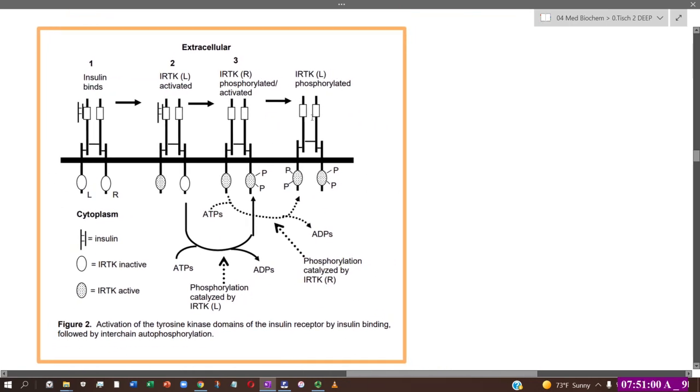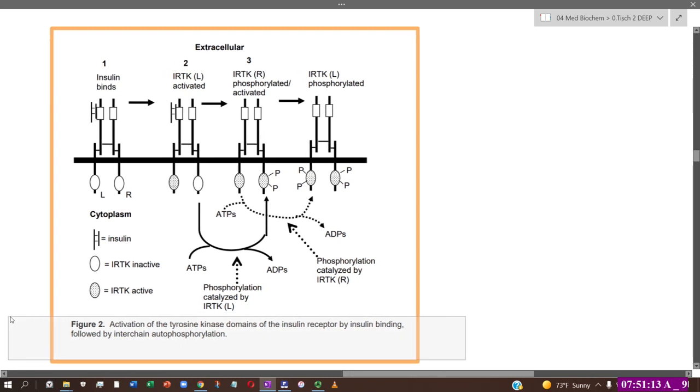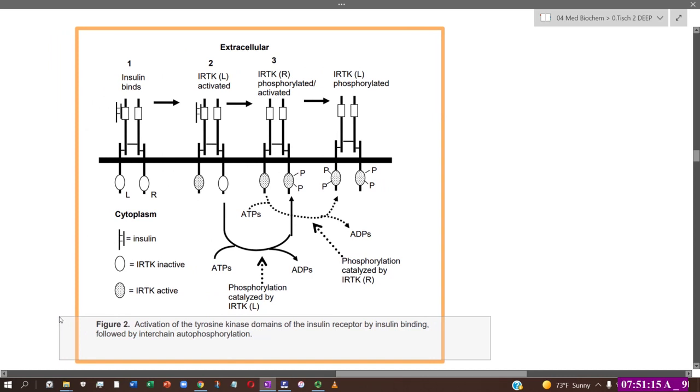You have again the extracellular space on the top and the cytoplasm on the bottom. So this is labeled as follows: activation of the tyrosine kinase domains of the insulin receptor by insulin binding, followed by interchain autophosphorylation. Cool.